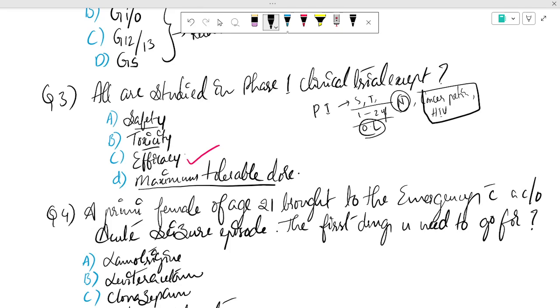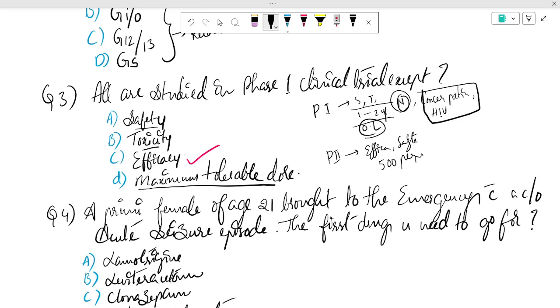Okay, now coming to phase 2. Phase 2 is exclusively done to determine the efficacy as well as the safety. It is done for 2 to 3 to 4 years. No need for all those numbers, but the important thing is it is done in something like 500 people, right?